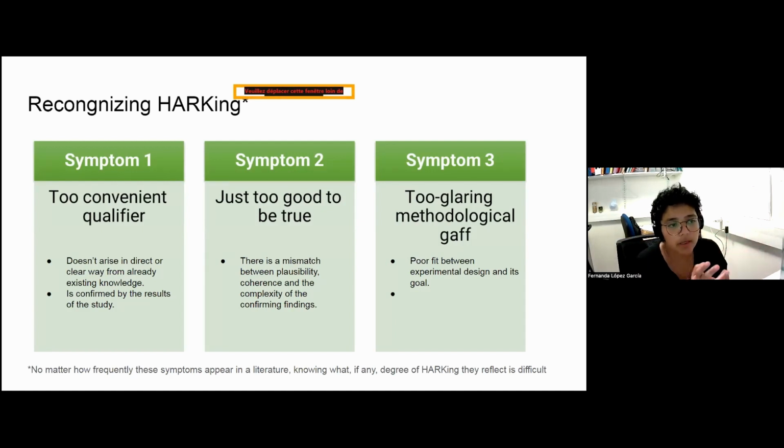The second symptom is that the results are just too good to be true, and you don't know if it's the right answer or not. And then the methodological gap. This means that there's a little bit of difference between your hypothesis and the way you constructed your methodology, your experimental design, sorry, to have these results. So there is a kind of disconnection between those two.